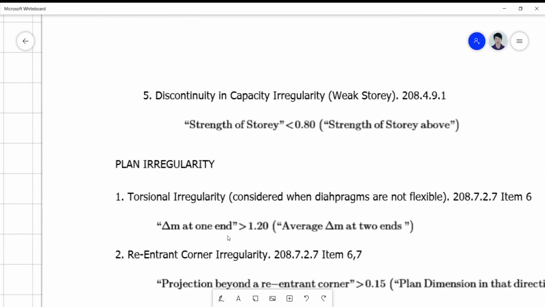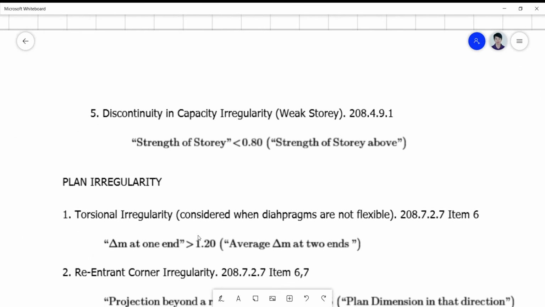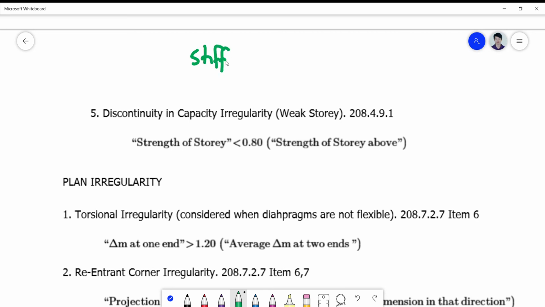So let's move to the last discontinuity on the vertical irregularity, which is the capacity irregularity, or what you call the weak story. Okay, when you're talking of stiffness, you are talking of soft story. The word stiffness is not synonymous, but analogous to the word soft. So your story can be stiff or less stiff, more stiff, less stiff, soft, hard.